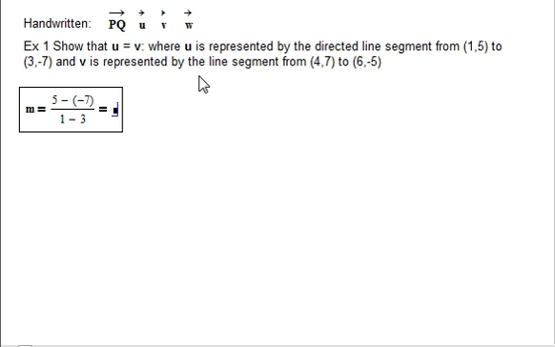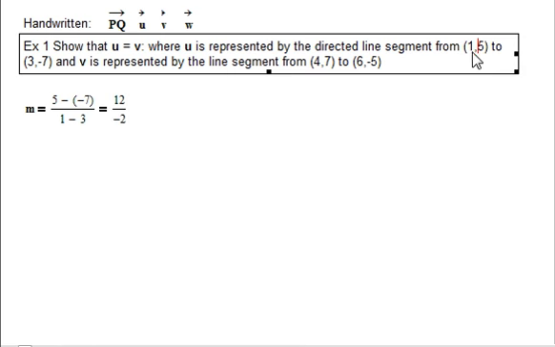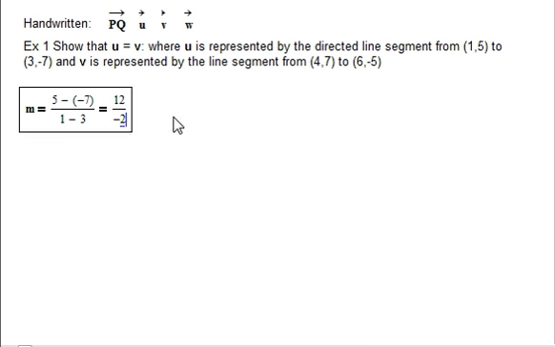Sorry about the truck going by. Okay, I think that gets it. Looks like 12 divided by negative 2. So the slope of this directed line segment, starting here and ending here, is negative 6.